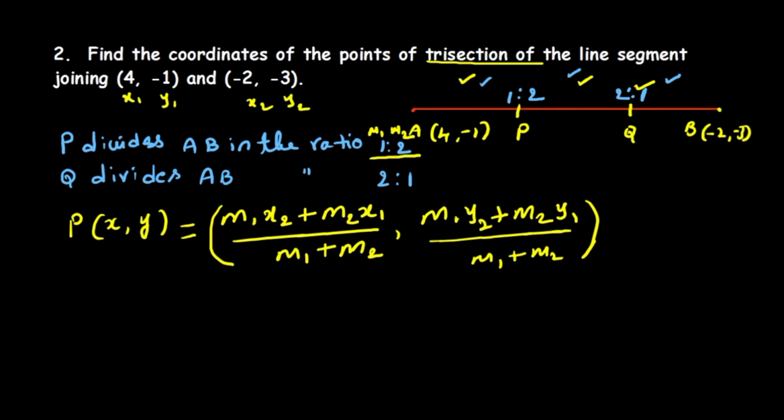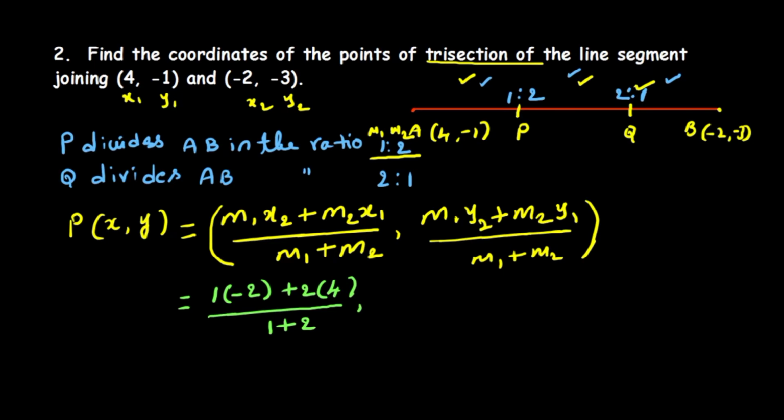Okay, so what is m1 here? That is 1, into x2 which is -2, and m2 is 2, into x1 which is 4, divided by m1 plus m2, that is 1 plus 2.